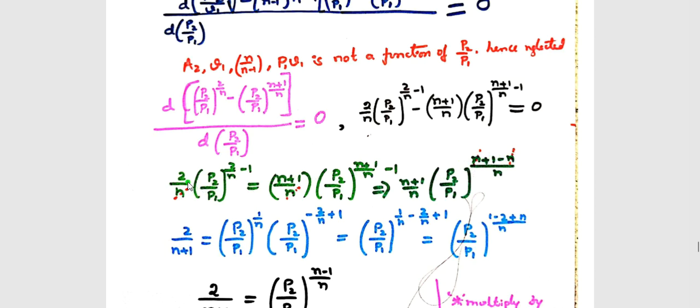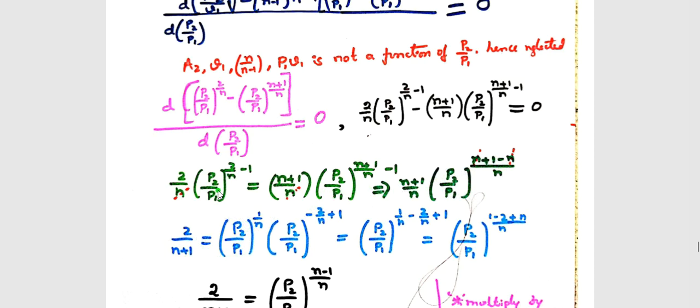So 2 by, you observe the first term and the last term. Here 2 is there, and n plus 1 I have taken on the left hand side, and this n gets cancelled, 2 by n plus 1. So P2 by P1 to the power of 1 by n as it is.